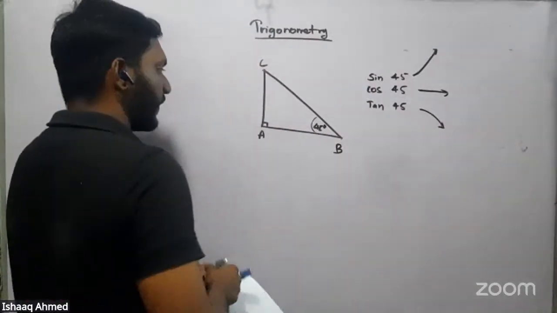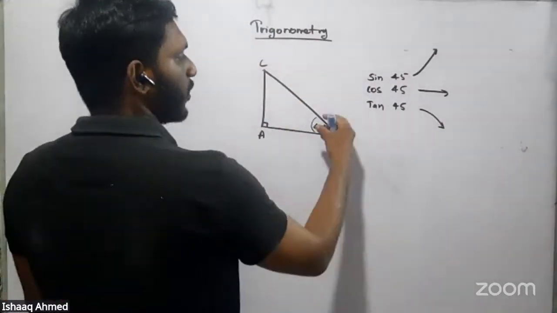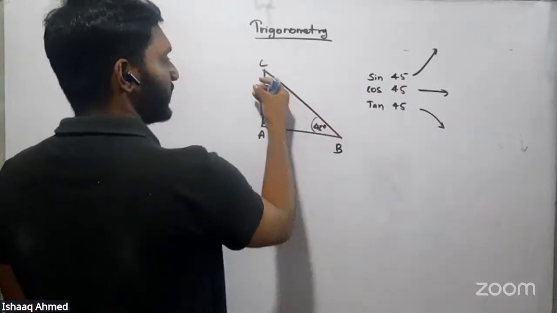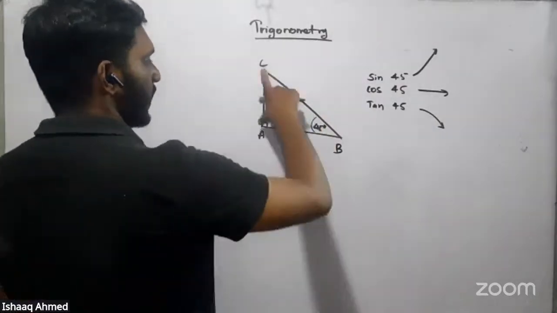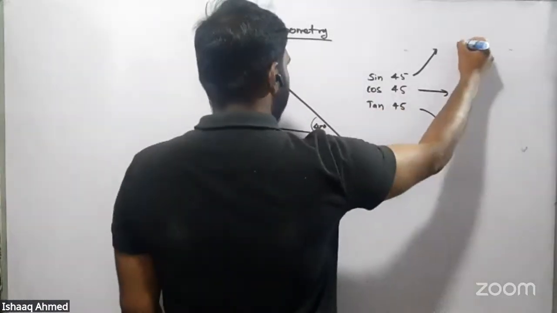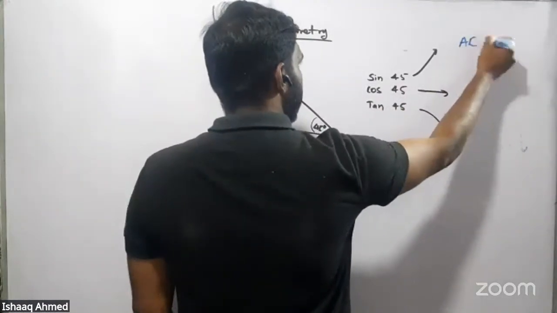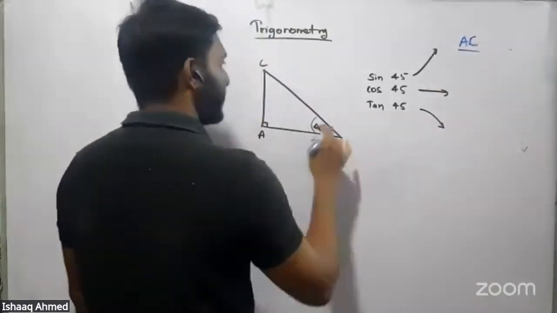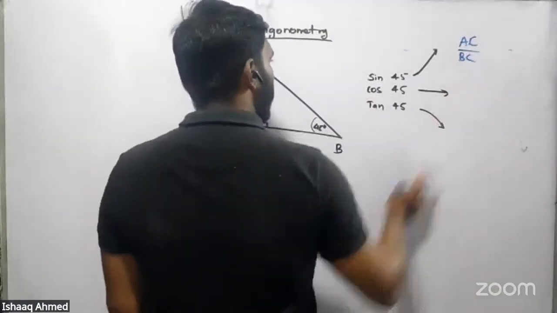Tell me sine 45. From 45 you have to look. Sine 45 is how much? Opposite over hypotenuse. So opposite is AC over hypotenuse BC.